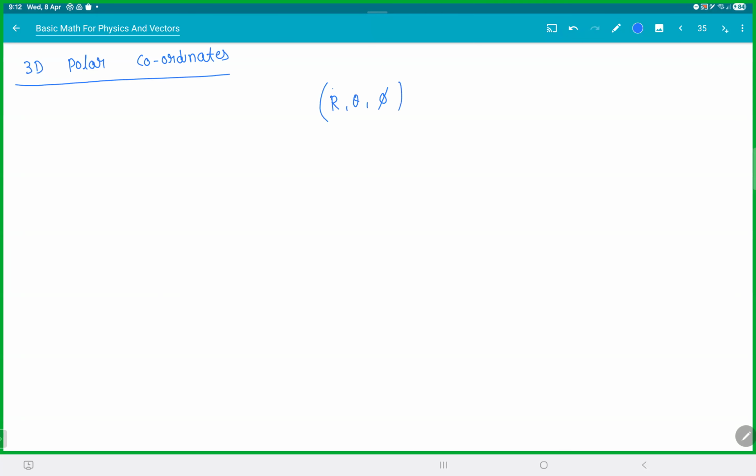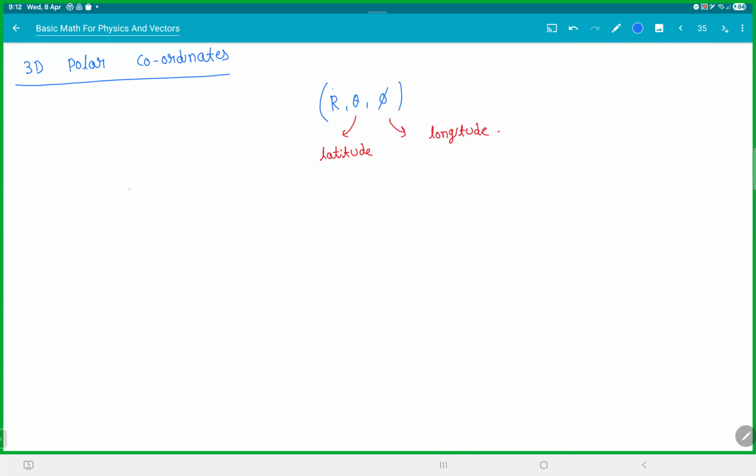You get two angles and one side. R is the radius, theta is your latitude, phi is your longitude. So on Earth, that is how you get the angles.